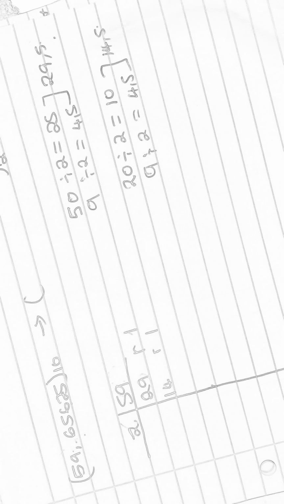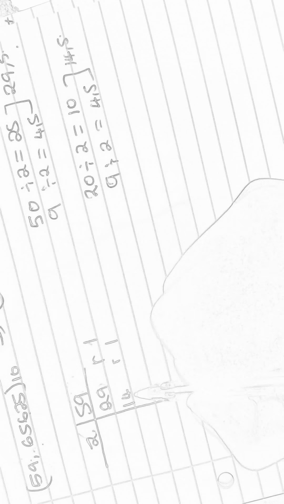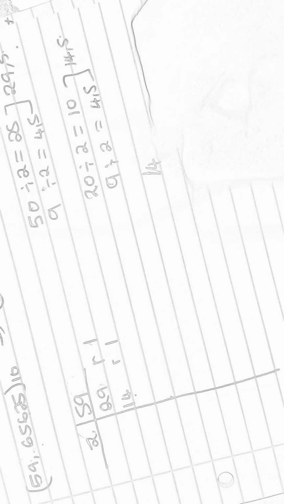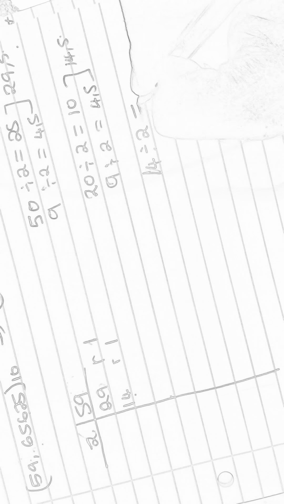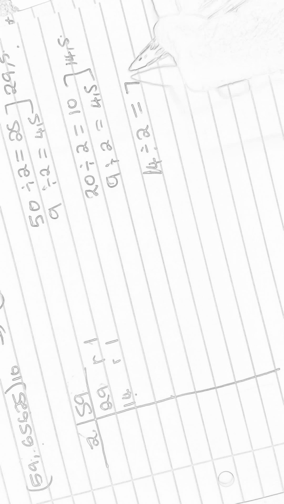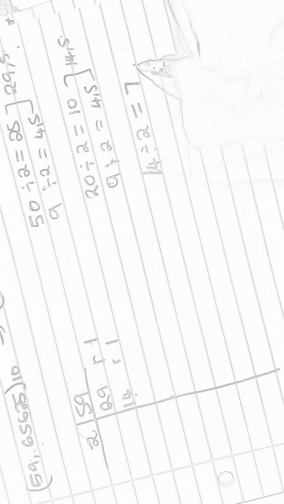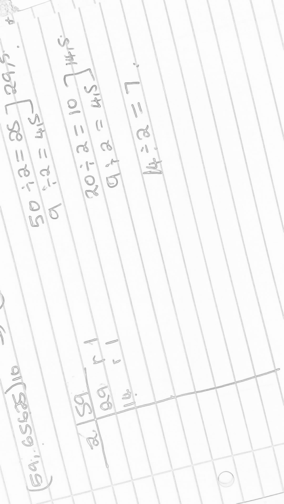The reason why I'm doing this is because I don't want to make any mistakes, so I have to do it on a rough paper. So again, it's 14 divided by 2, which is 7. Now we don't have a remainder. Our remainder is 0 because we don't have .5.